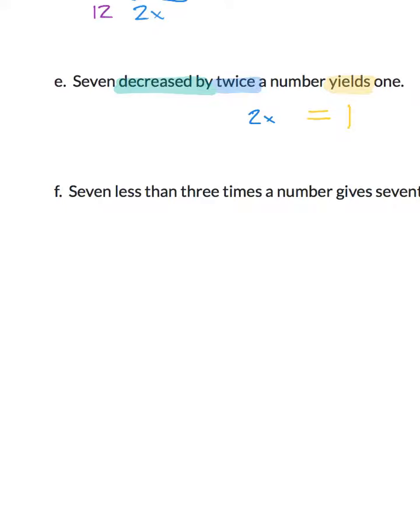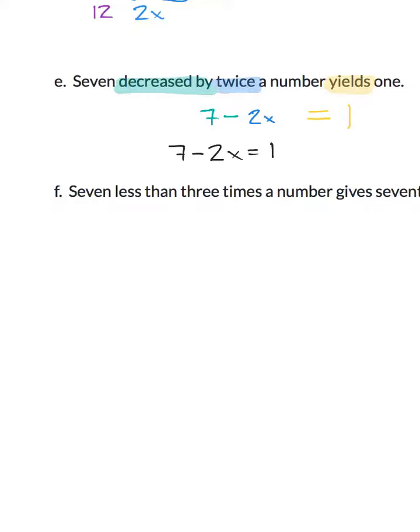So this is going to be 7 minus 2x equals 1. And that will be our final answer. So I'll write it again just so that we have it without the colors, and maybe it might look a little bit easier. So 7 minus 2x equals 1.